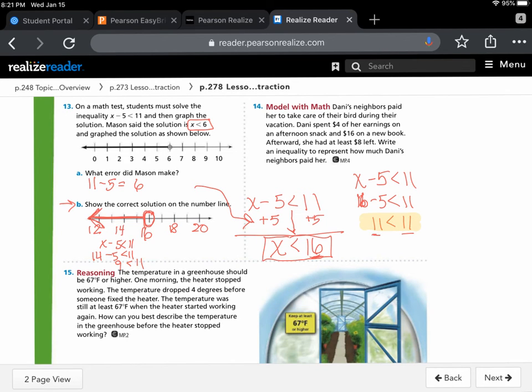And the thing is, if you use the numbers over here, 5, 4, 3, 2, 1, if you use those back in the original inequality, you're going to get a true statement because those things are all less than 16. So you're going to think that you're right. But when you check this 6 and you put 6 in the original inequality, 6 minus 5 is less than 11, you'll have 1 is less than 11.